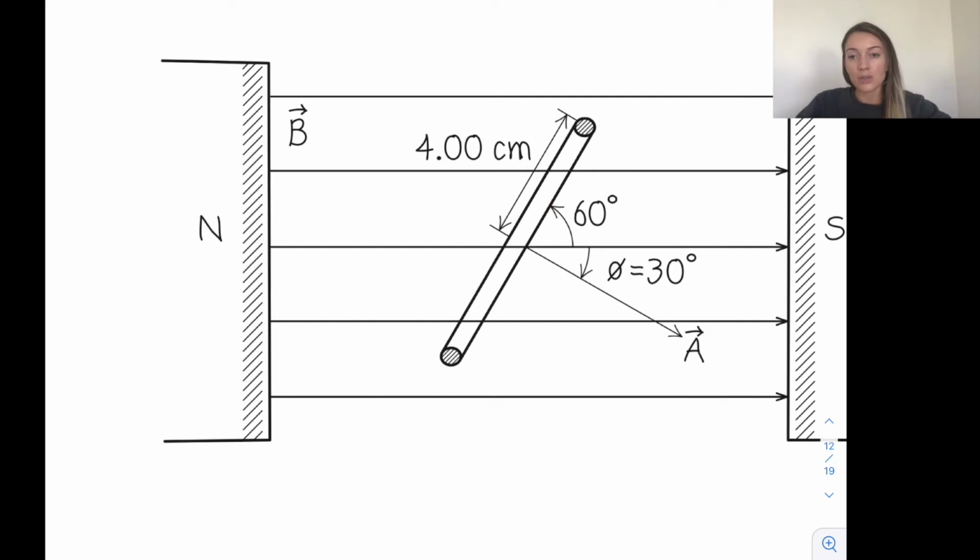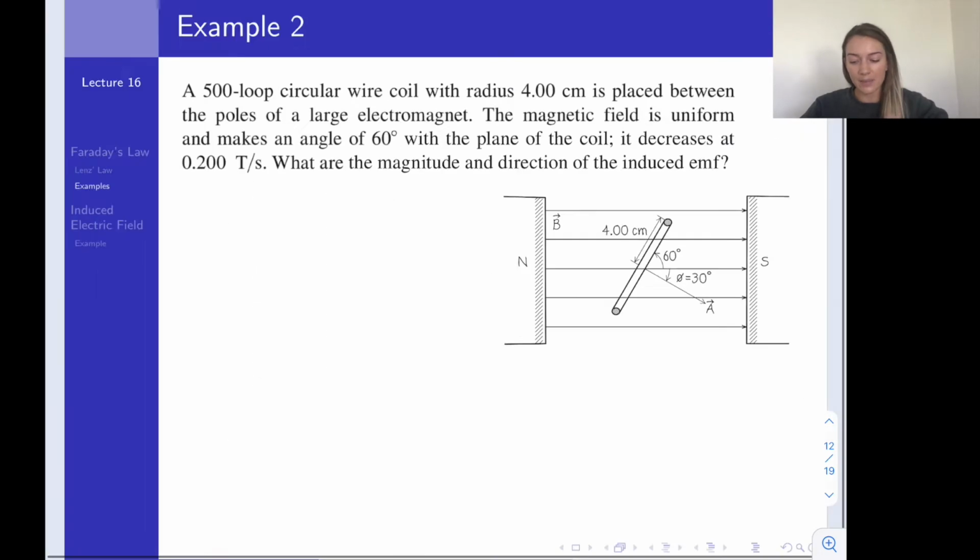But remember, when we do the flux, we use the area vector, and the area vector is perpendicular to the plane of the coil. So when we do that dot product of B dot A, we actually need this vector, which makes an angle of 30 degrees with the magnetic field. So our magnetic field is here, and the area vector of our coil is in this direction. So we actually have 30 here, not 60, for our cosine. So we have to be careful of that.